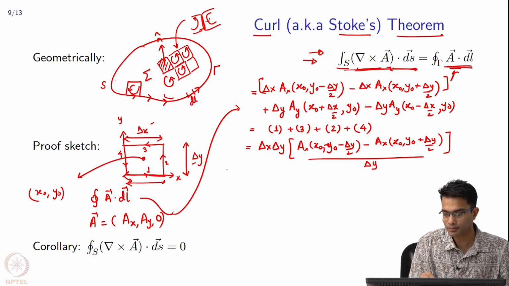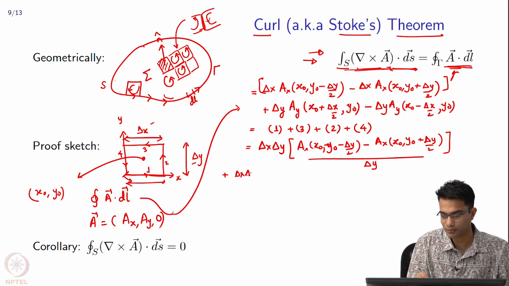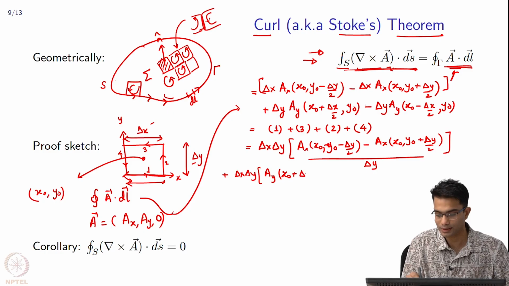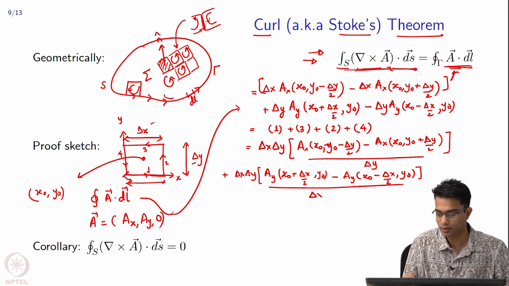And the other term that I will get is delta x delta y, Ay, x naught plus delta x by 2, y naught minus Ay, x naught minus delta x by 2, y naught, whole thing divided by delta x.